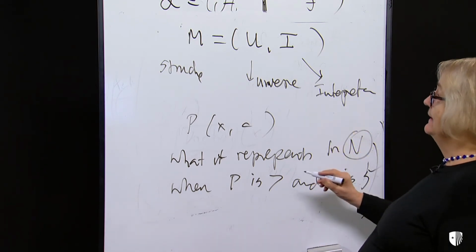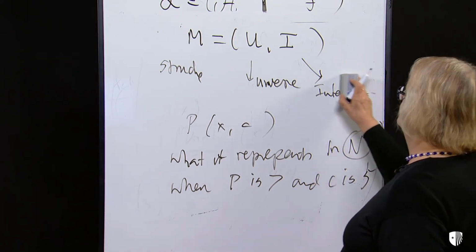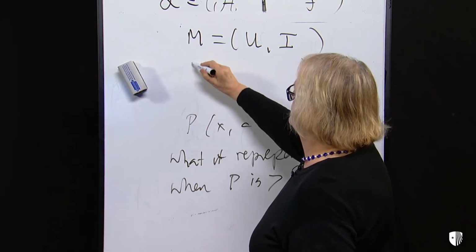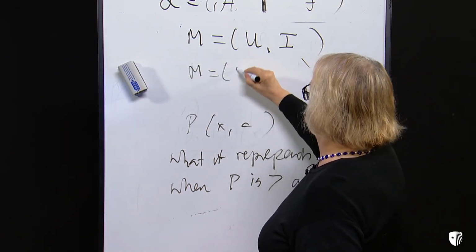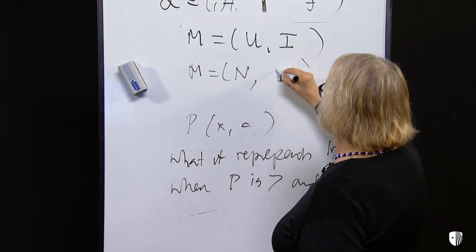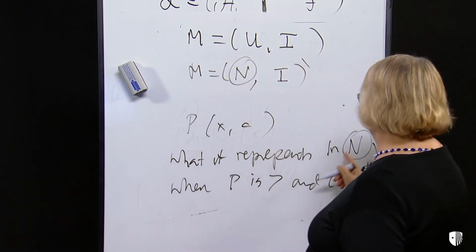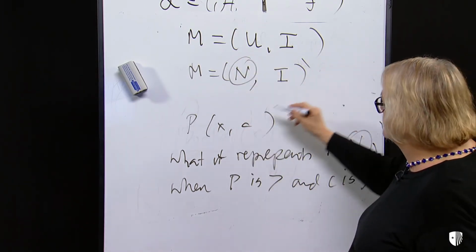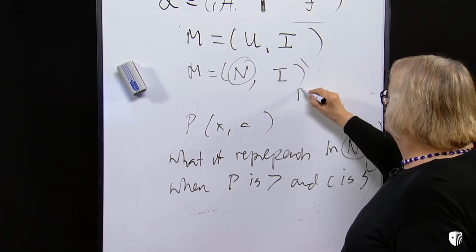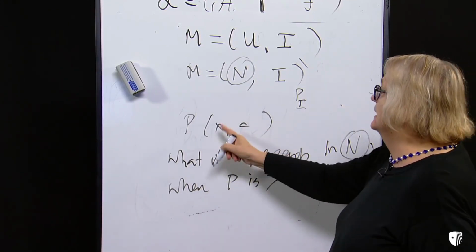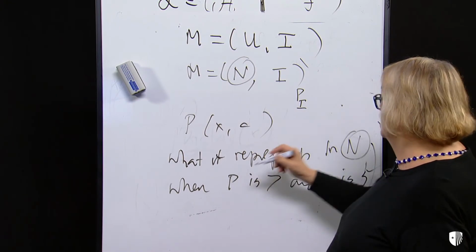So now I want to look at the structure, natural numbers, and this is the universe, and I represent P by its interpretation.